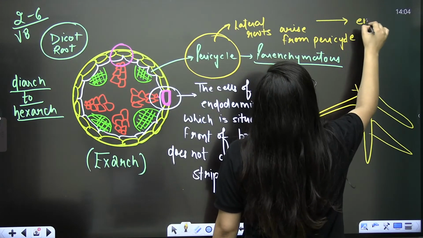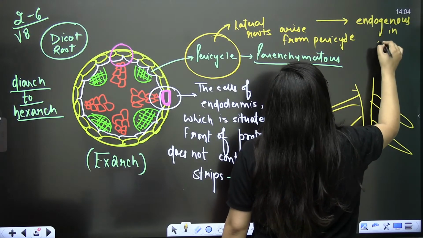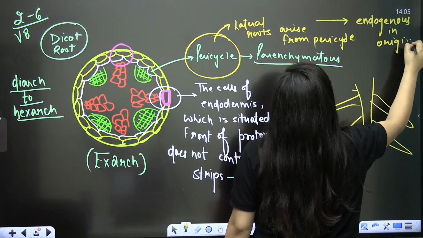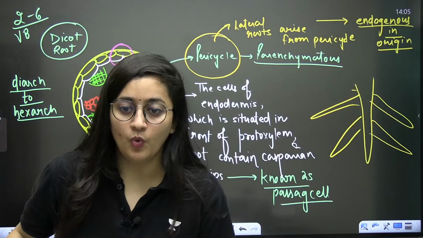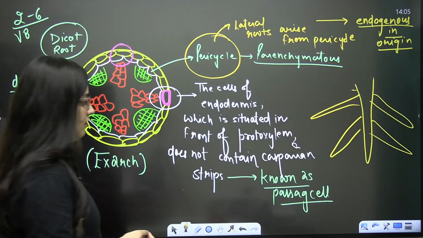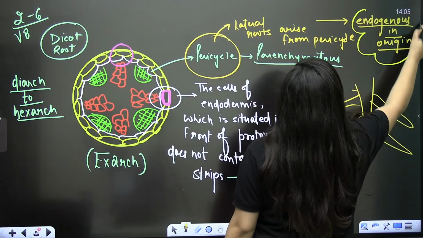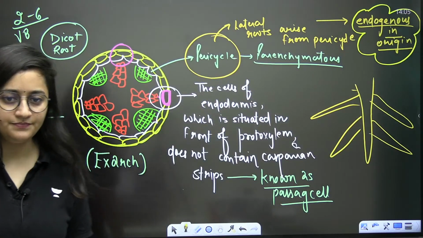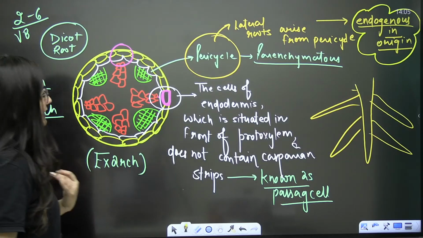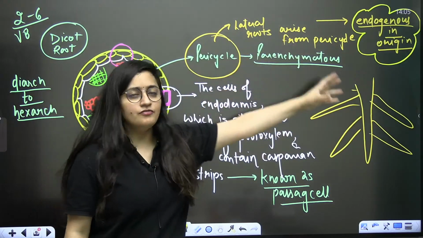That's why they are endogenous in origin. Because lateral roots arise from the pericycle, we say they are endogenous in origin. So the pericycle, parenchymatous, a few cell layers thick, will form the lateral roots.